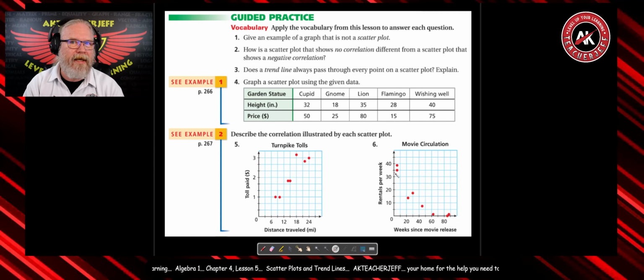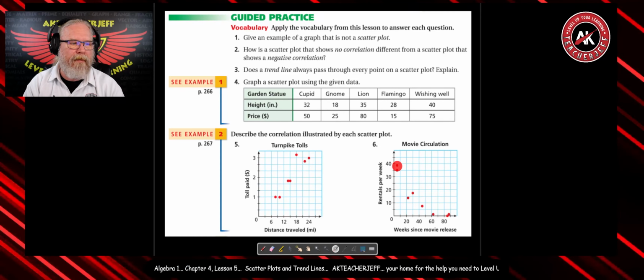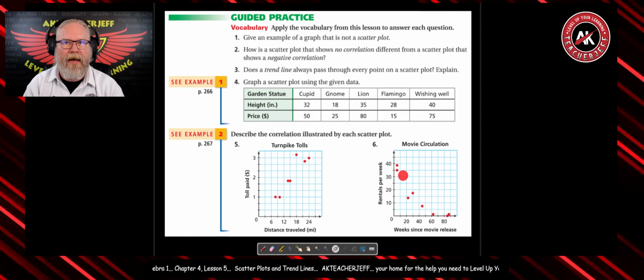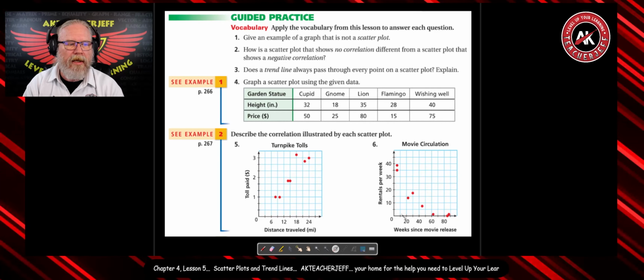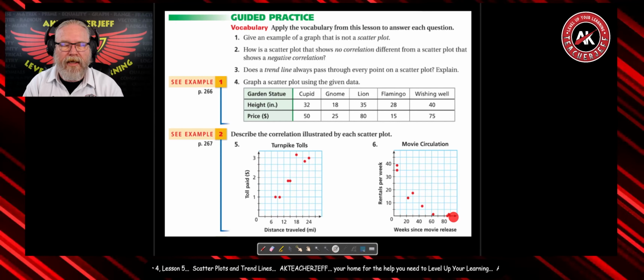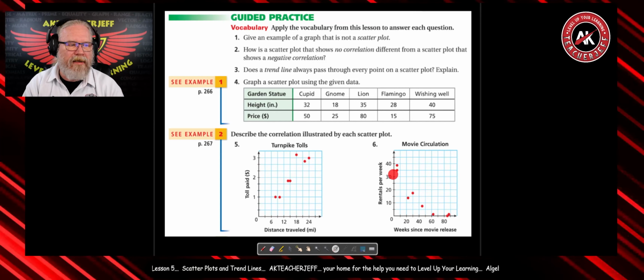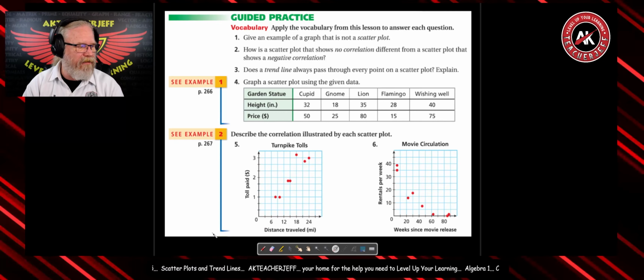Thinking of way back in the days of Rambo. So whenever it's first released, there's a lot of people renting it. Well, as time goes by, people have seen it, so the number of rentals gets lower and lower. So we could say that as the number of weeks since the movie was released increases, the number of rentals is going to decrease. And we can see that that would be a negative correlation.